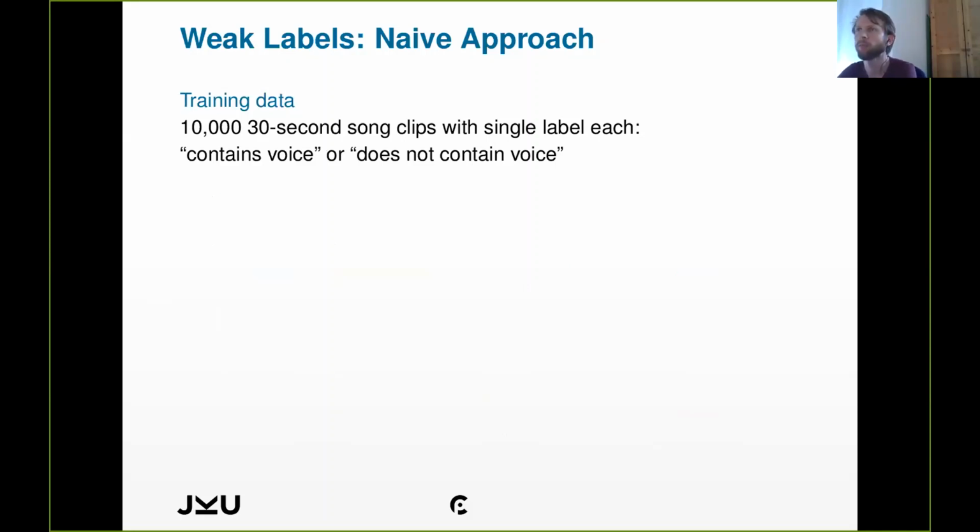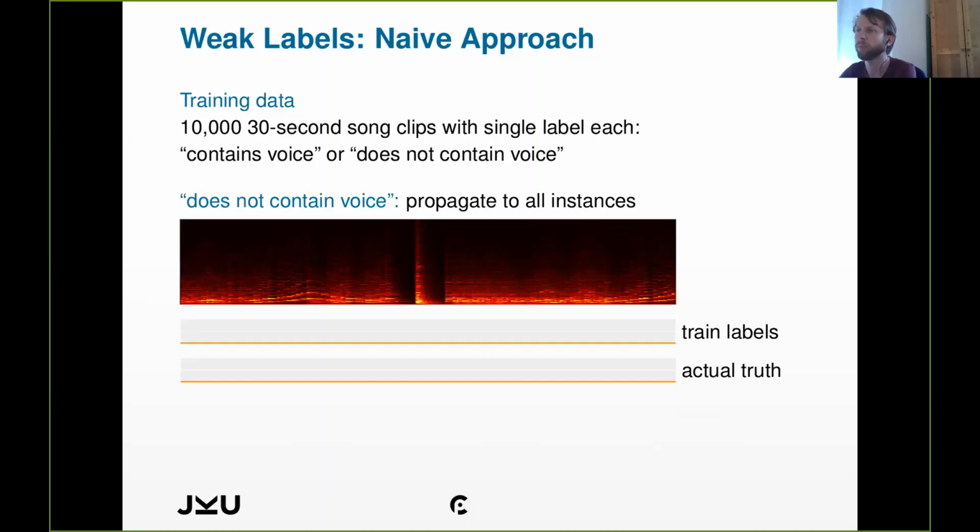So the situation here is now we only have global labels for our examples. And I started out very naively. For negative examples, which are labeled as does not contain singing voice, I'm just propagating the label to all the positions in the input. And this is always correct, of course.